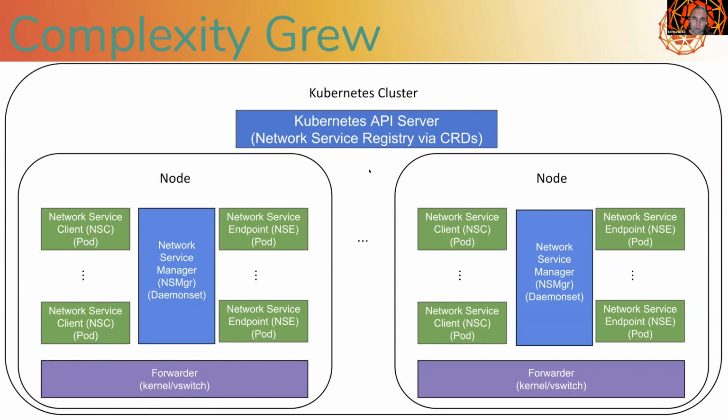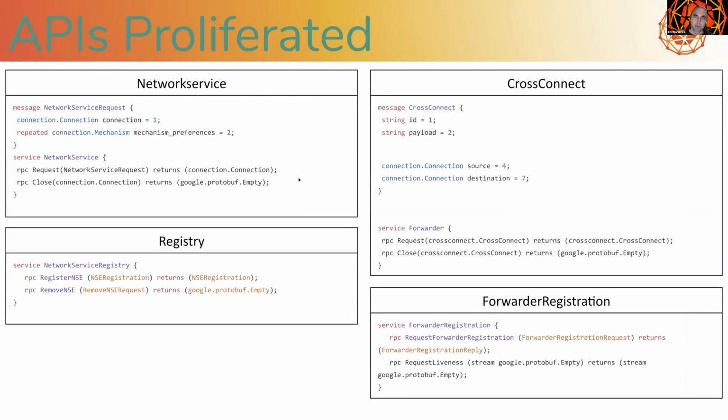The components started proliferating, which is not necessarily so bad. But the worst problem was that the API started proliferating. What had started as a very simple API to put things in the registry and to ask for network services picked up things similar in form, but to program cross connects into forwarders. This worked, but it introduced a lot more complexity into the system.